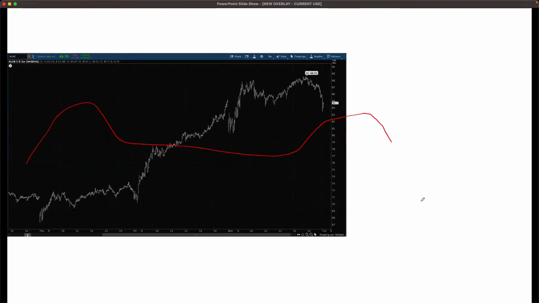So if I go to the next chart and I take out that weird red squiggly line, here's ALAB. I actually have it on a 3 minute. But what I want you to see is once you're in, ALAB has these big, big moves. So you need to work limit orders.